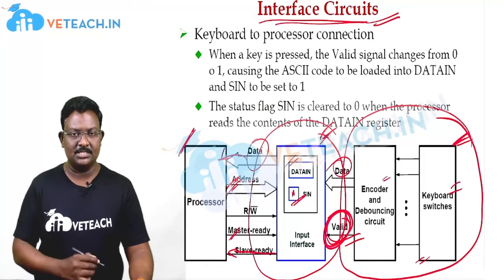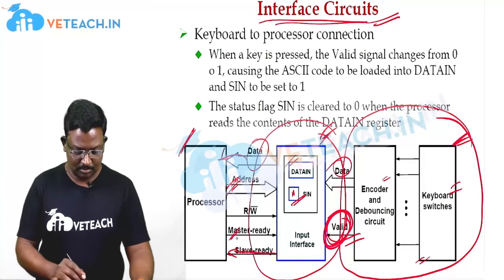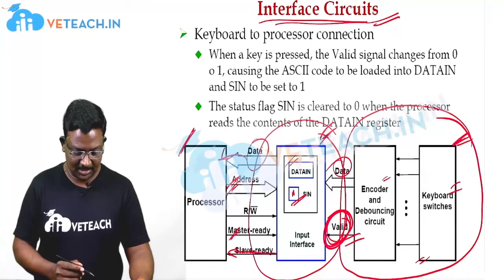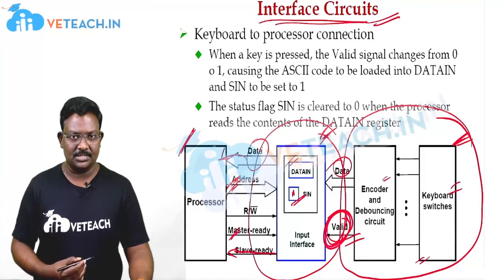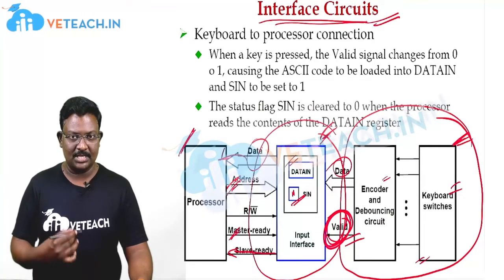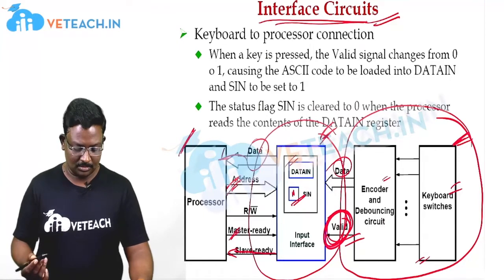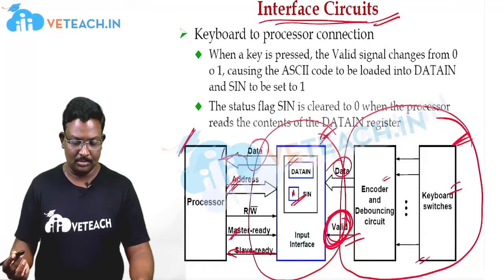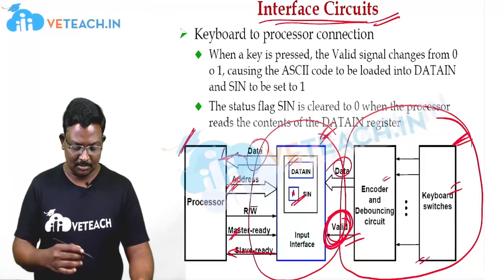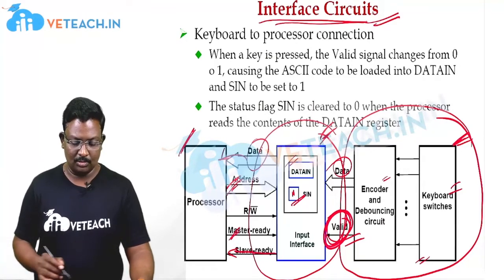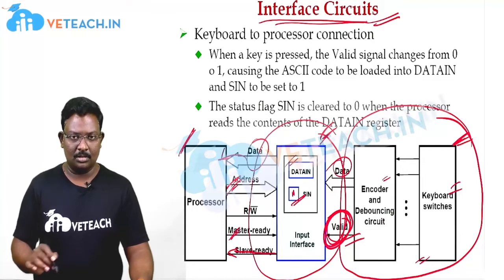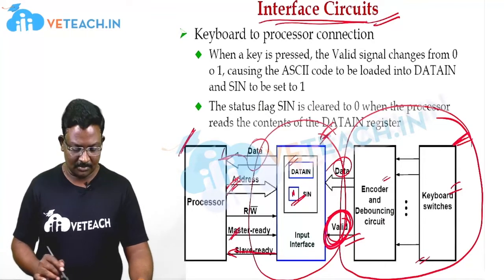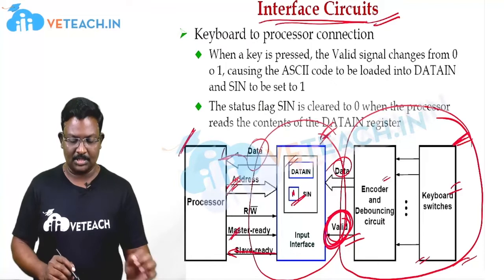By seeing this slave ready signal, the processor will remove the master ready signal, as we have seen in the previous concept about synchronous buses. By seeing the slave ready, the processor now receives the data from the keyboard. This is the whole operation of this diagram, how we perform the data transfer.